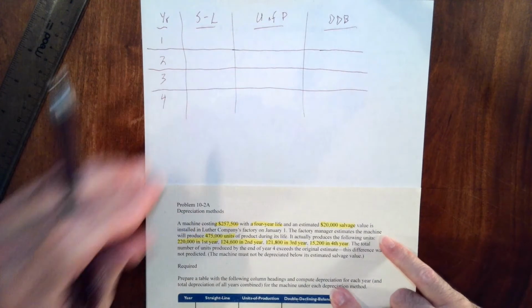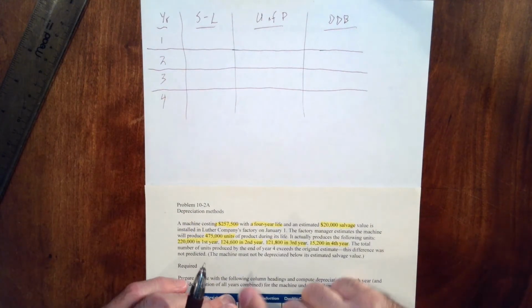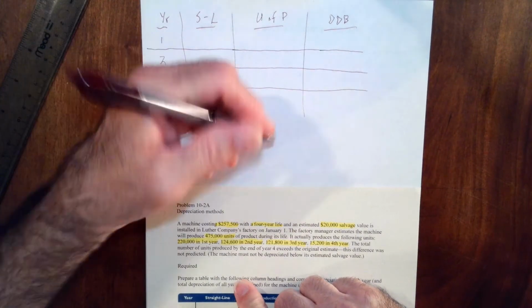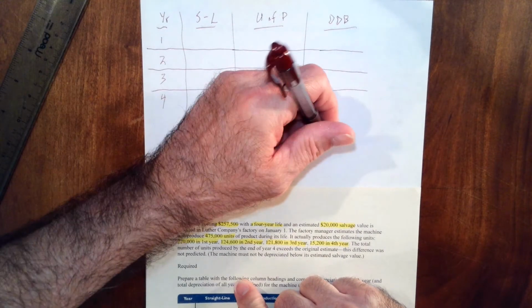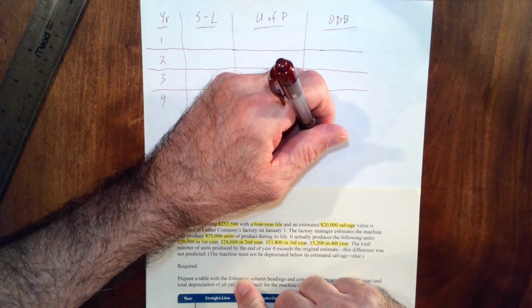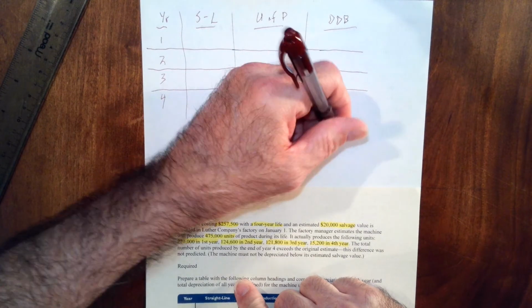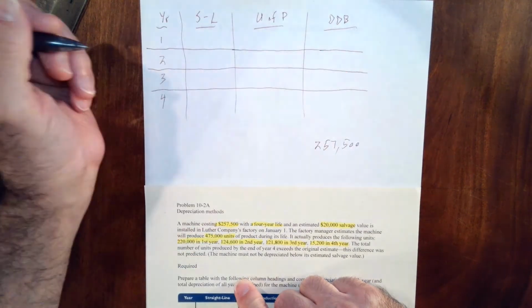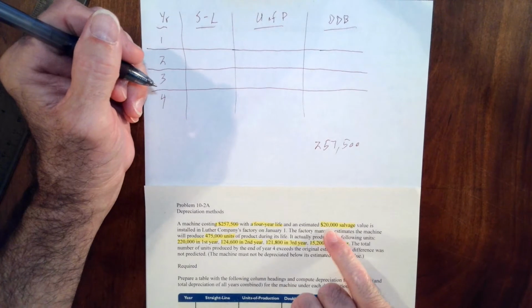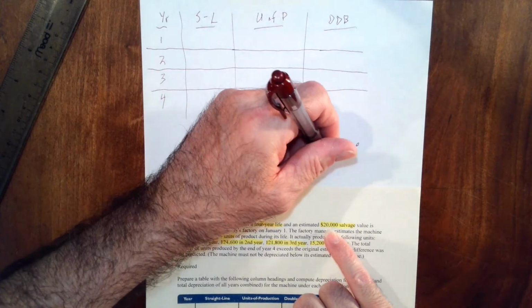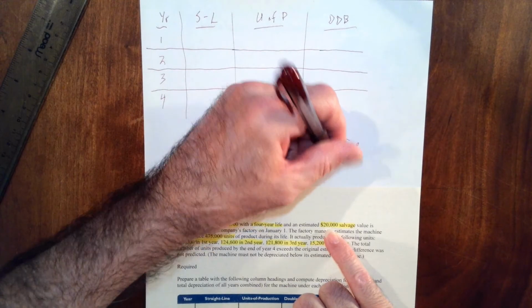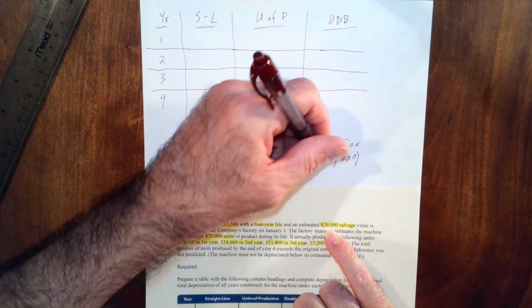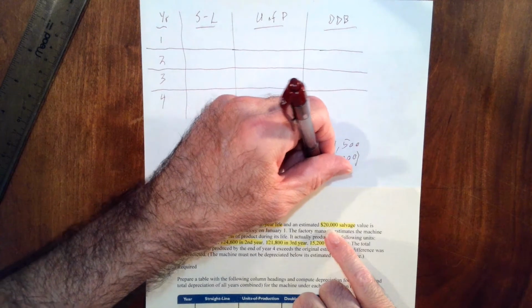First method that we're going to do is straight line. With straight line, what you need to do is take the cost of the product, $257,500. That's the original cost. And you have to take the salvage value out of this. Why? Because when you start depreciating this thing, you don't want to depreciate the salvage value, so you don't want that included in your calculation.